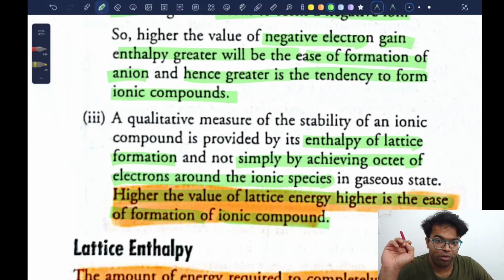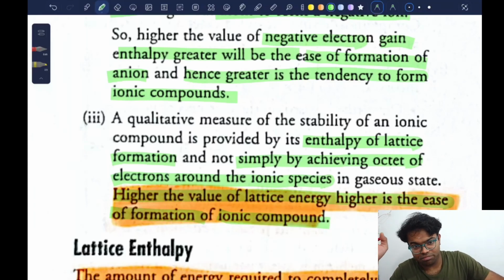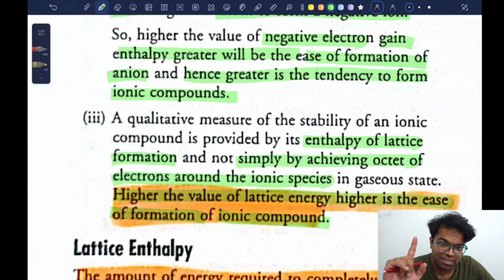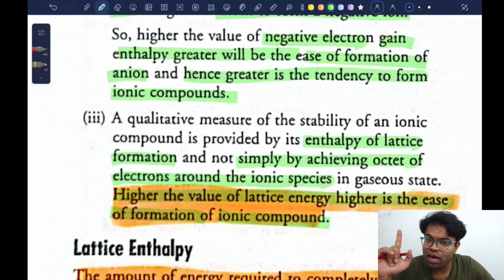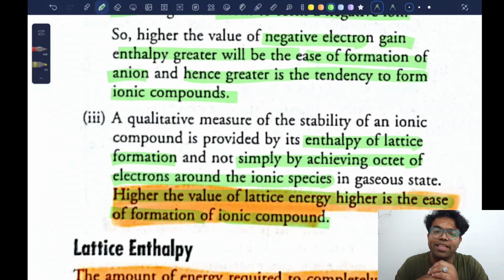Now listen to me very carefully. If you require a large enough energy to break that lattice, then your ionic compound will be more stable, right? A more stable building, a more stable bridge requires more energy, more effort to break it.